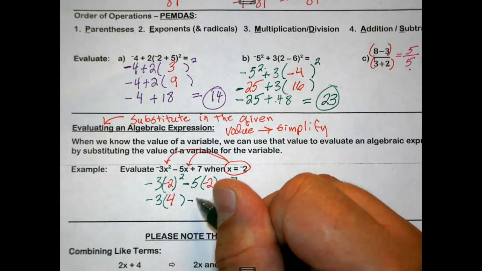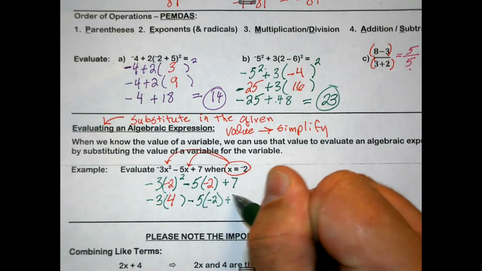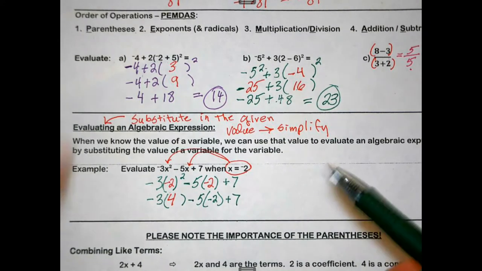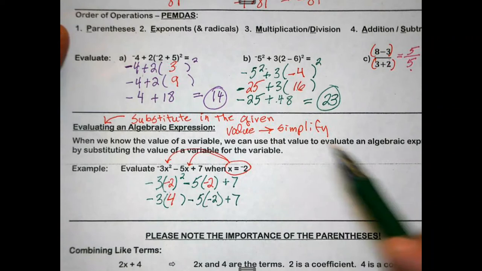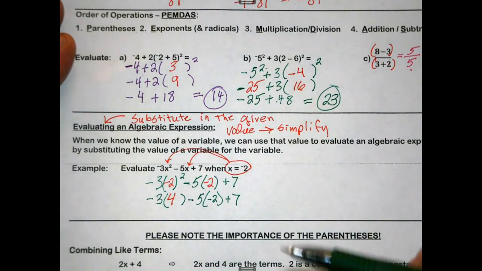Okay, so negative 3 times 4, and negative 5 times negative 2, plus 7. I'm writing every step out for teaching purposes. I know things get a little boring, and you can do a couple of steps at a time, but trust me, for review, you should write out every step.